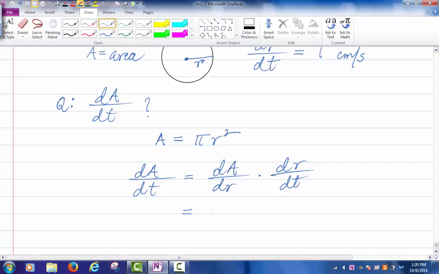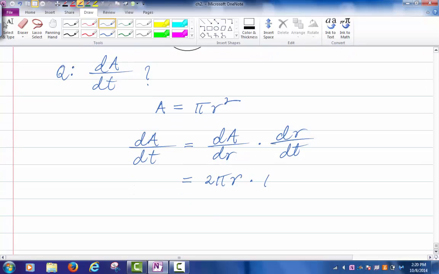Now it is 2 pi r by using the power rule, and the derivative of r with respect to time is given in the question to be 1. So this would be 2 pi r.